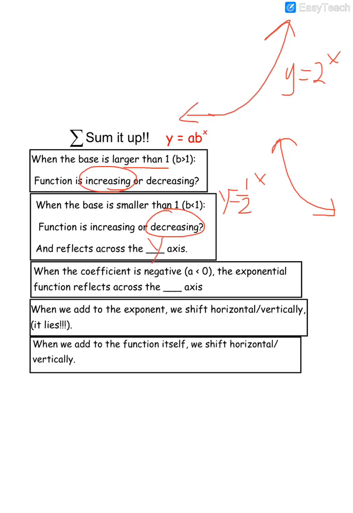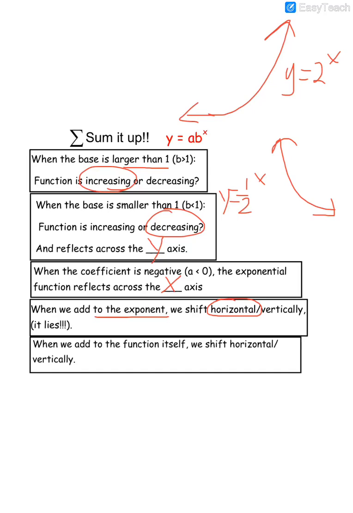When the coefficient is negative, when it's less than 0, the exponential function reflects across the x-axis. When we add to the exponent, we shift it horizontally, moving right or left, and it lies, so it's the opposite.